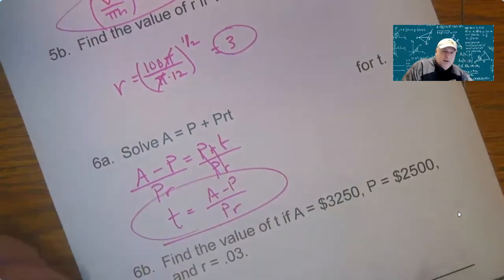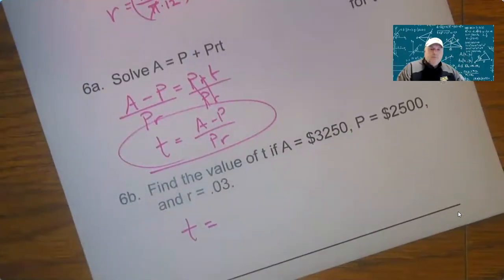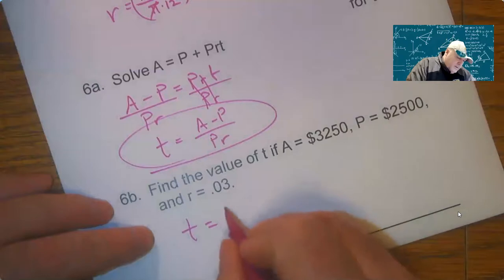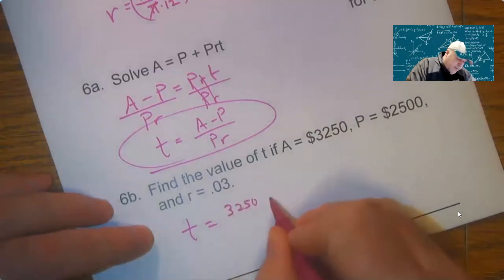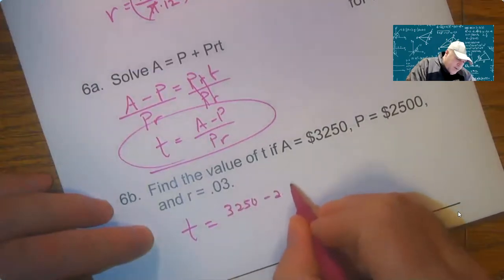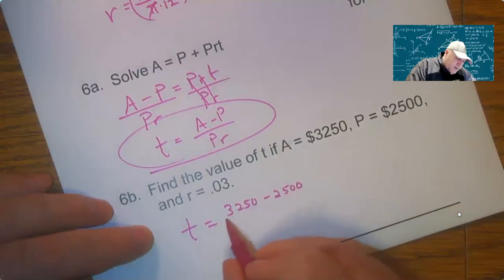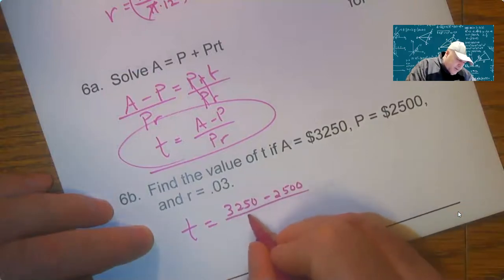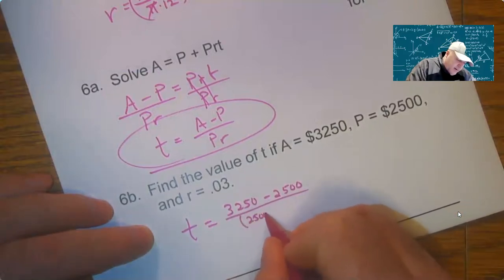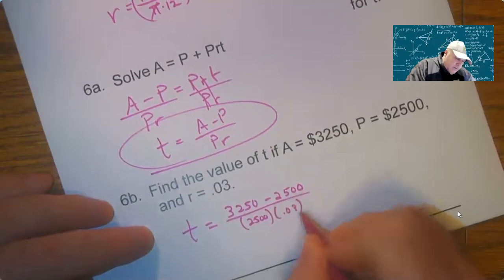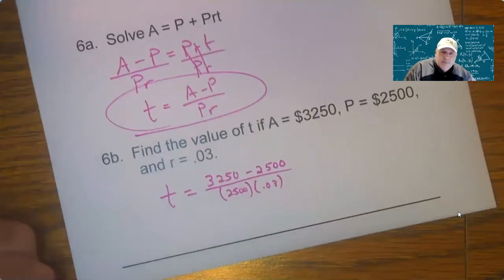It amazes me how people just can't do this. They do the harder part on part A well, and then they just don't understand substitution. I couldn't believe how many people miss this. So substitute in the A and the P, standing for actual amount, principal amount, over the principal, 2,500, times the R. That simple.